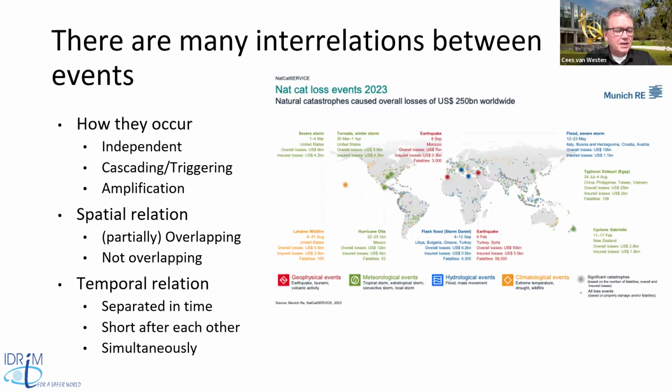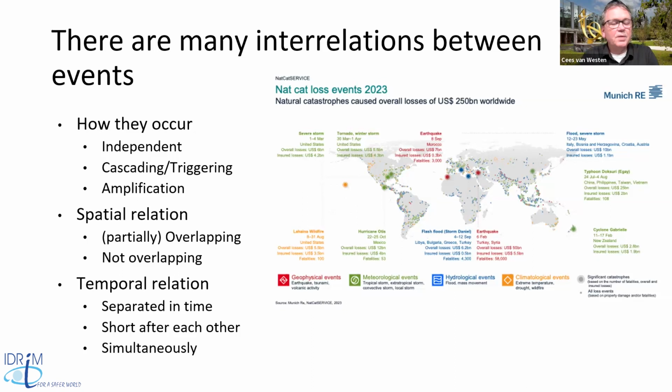If you look here to the right, the world map with the main disasters coming from a reinsurance organization, Munich Re, you would see a number of these events that are hurricanes or earthquakes. They are often presented as single events, but in fact, they are a whole combination of different problems.